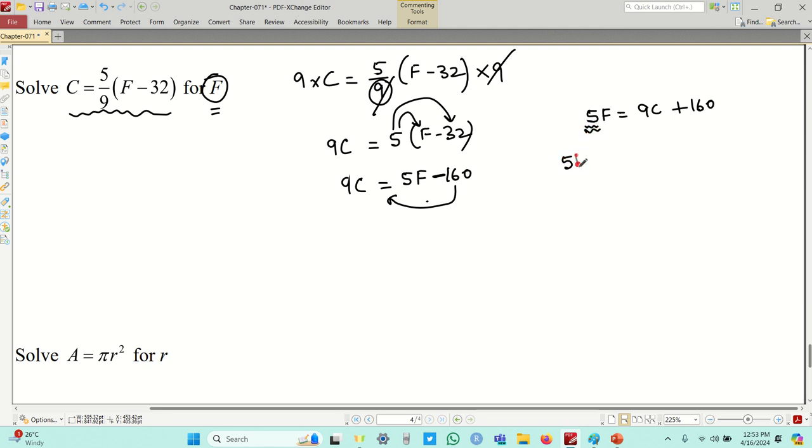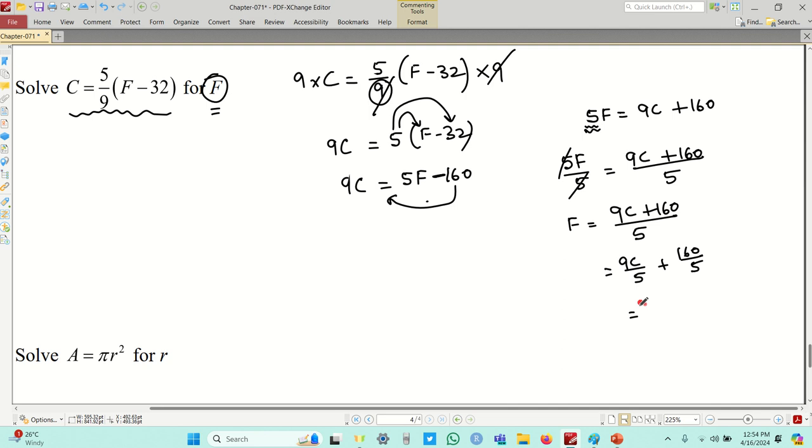Divide by 5. 5F divided by 5 is equal to (9C plus 160) divided by 5. Now this 5 cancels. So we are getting F equal to (9C plus 160) divided by 5. This is the answer. Or you can simplify a little more: 9C divided by 5 plus 160 divided by 5.